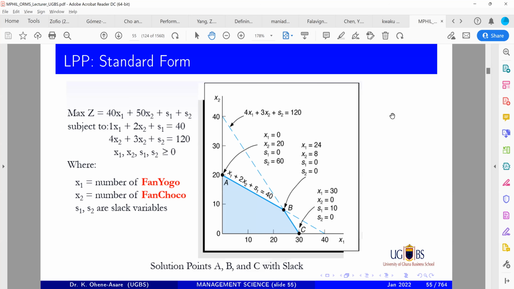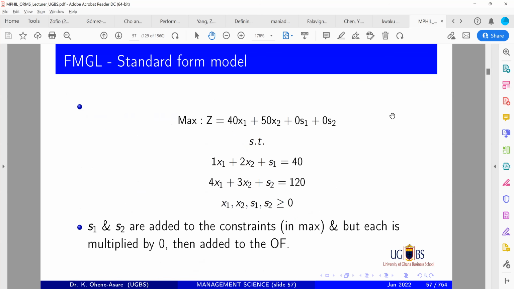Let me just move to another formulation angle to ask you. Okay, so this is for the slack.